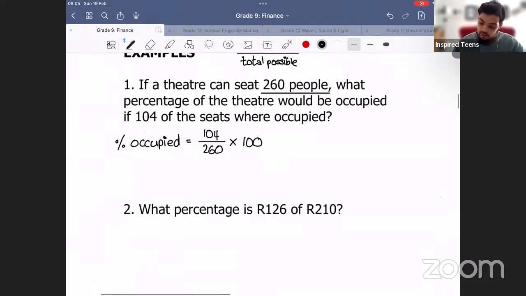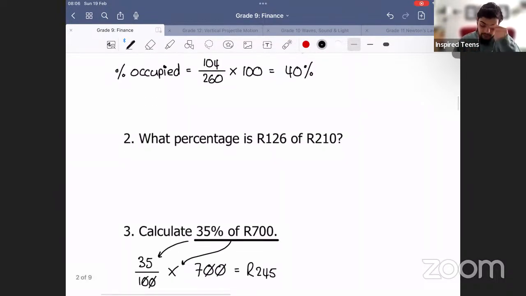So that's how we do this example. Again, we can utilize our calculator and we get 40% after multiplying by 100. What percentage is 126 of 210? Same concept, 126 over 210 multiplied by 100. We get an answer of 60%.